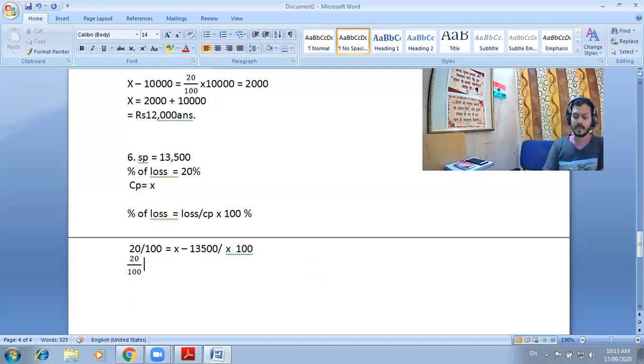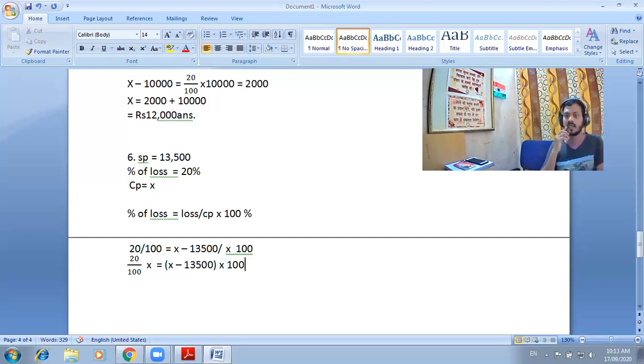So we can multiply by the denominators. CP is the denominator, so it equals X minus 13,500, into X into 100, because we multiply 100 on the numerators.